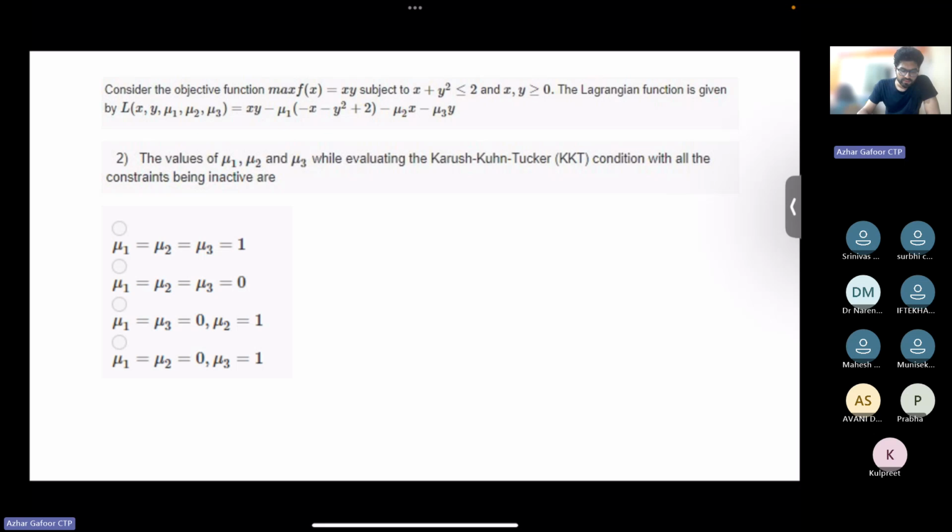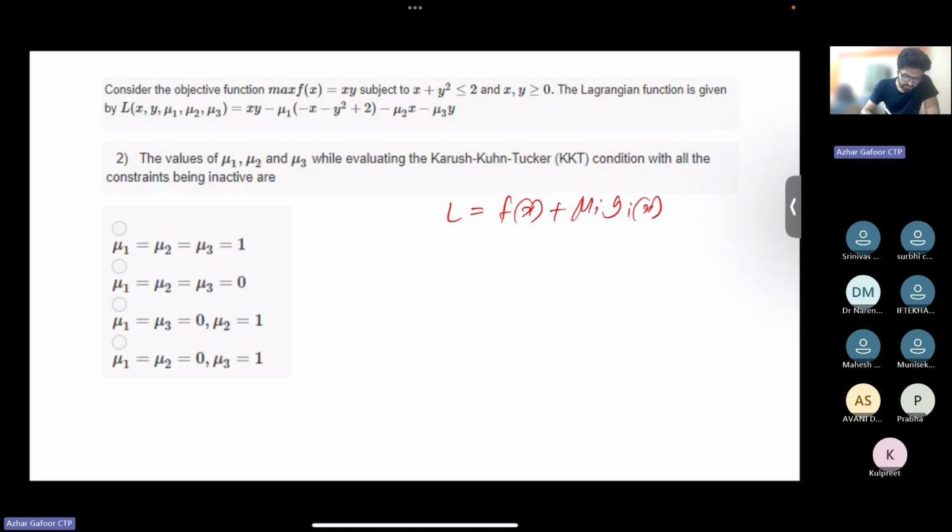We might have to go back to our KKT conditions slide. Let's say we have the Lagrangian, that is f of x plus sum of mu i g i of x.